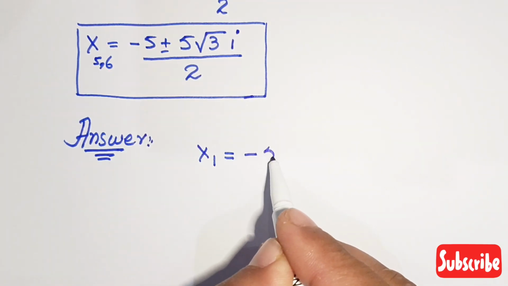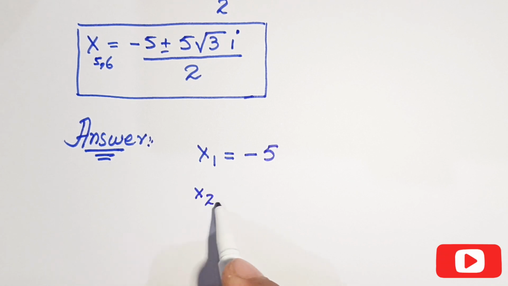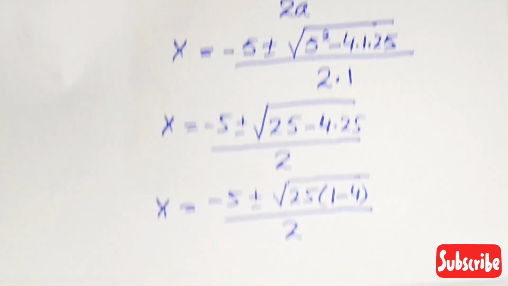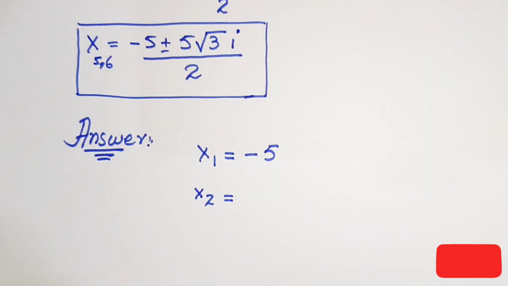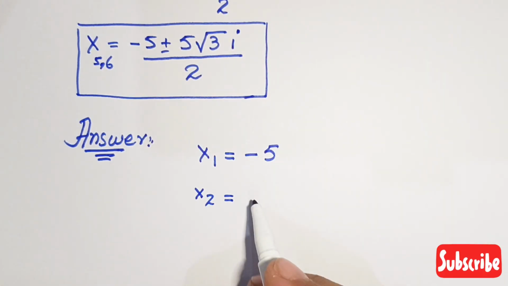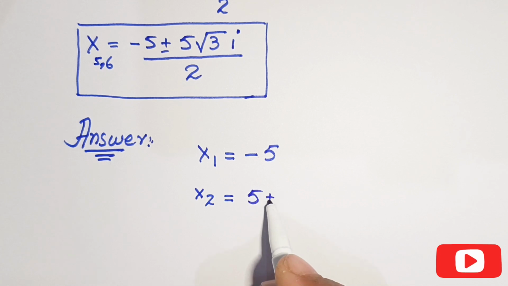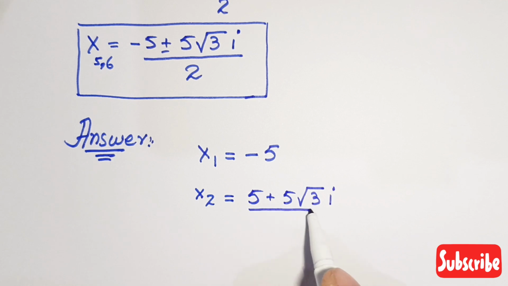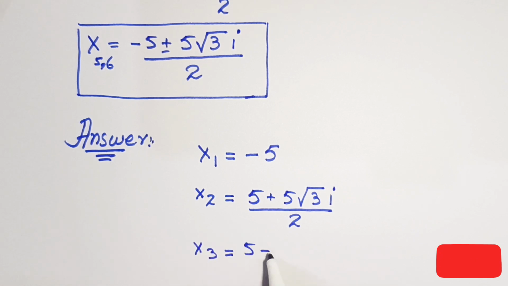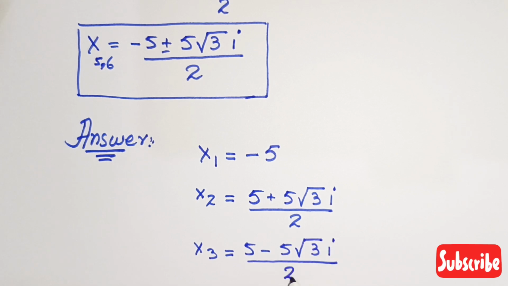Then x2 and x3: x2 is 5 plus 5 times the square root of 3i all over 2, and similarly x3 is equal to 5 minus 5 times the square root of 3i all over 2.